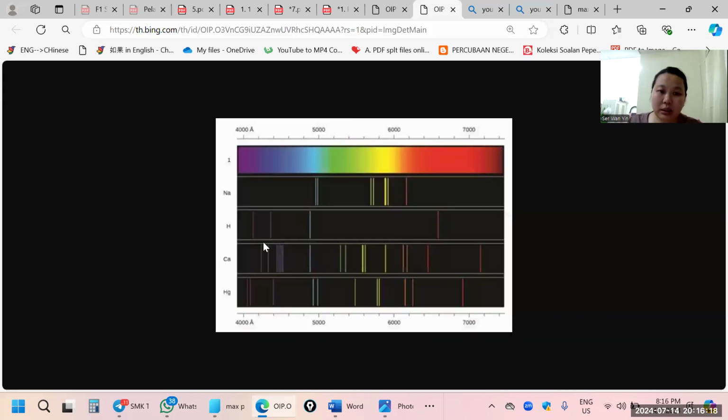So can you see the lines are discrete, individual, one by one. So we say one by one, individually separate, we call it discrete. And this one, non-stop, we call it continuous.